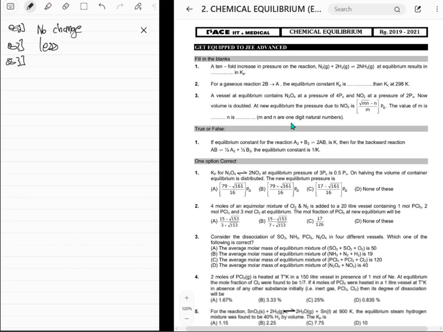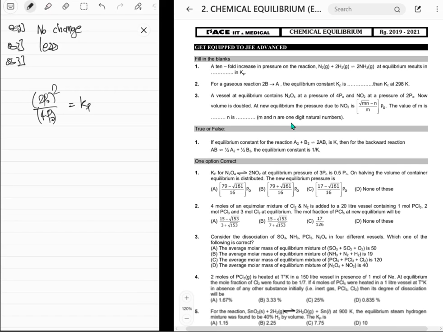So initially it just contains N2O4 and NO2 at pressures 4P naught and 2P naught. What that means is 2P naught squared upon 4P naught. This thing is our Kp value. Cool. And then the volume is doubled, right? At new equilibrium, the pressure due to NO2 is okay.